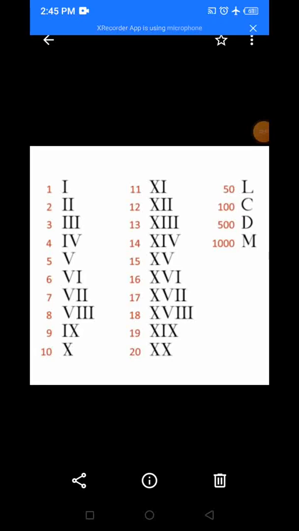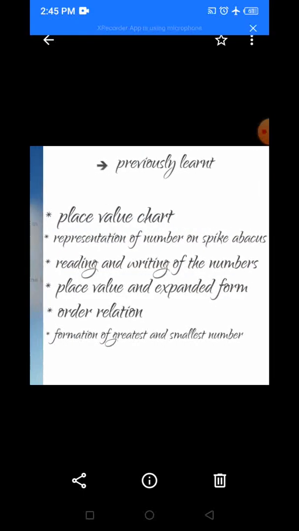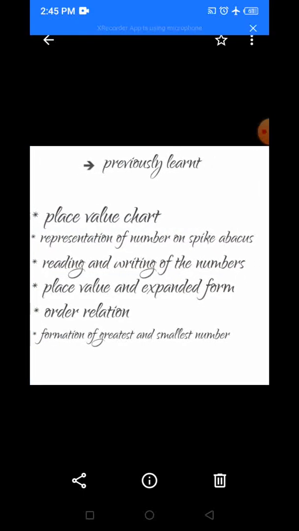So what did we learn today? We learned about international systems. Yes? Yes. International system, then the Roman numerals. So we'll just recap what did we learn. What have we learned in this chapter?